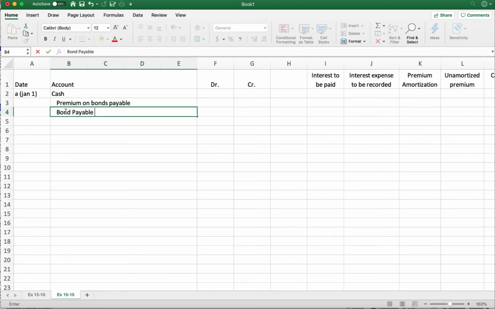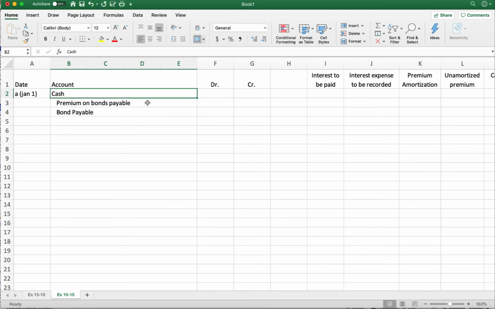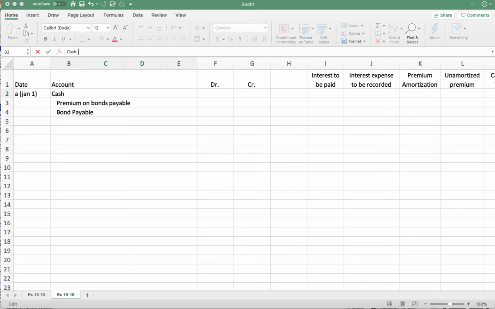Okay, no problem. What's the cash amount? That's very easy to calculate. Based on the problem in the book, we're issuing a $600,000, 9%, 20-year bond at 103% of its value. How much cash are we receiving?